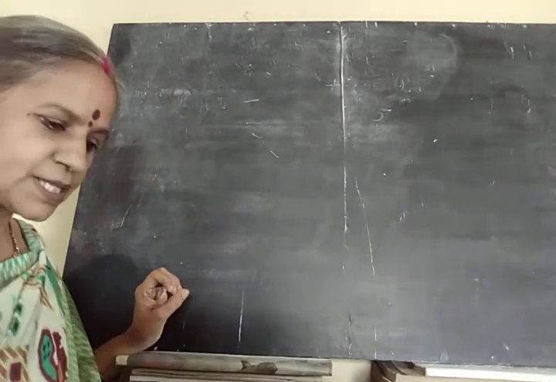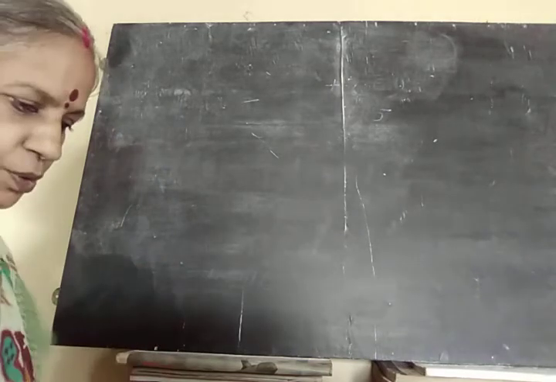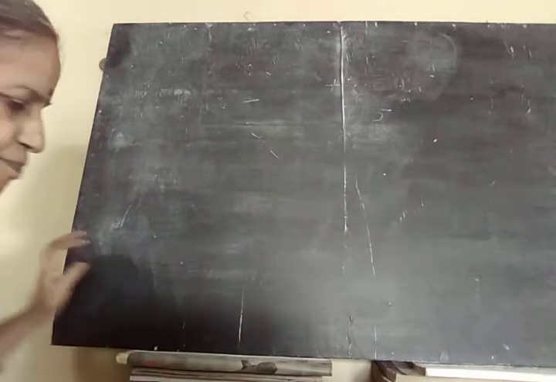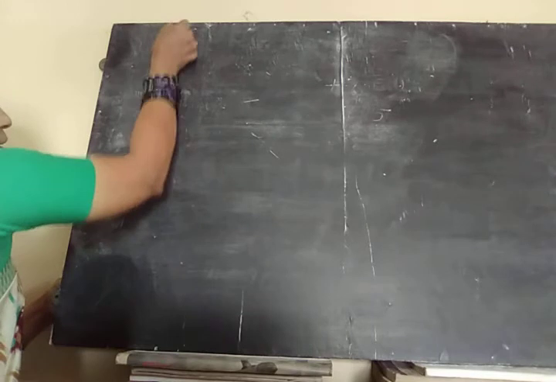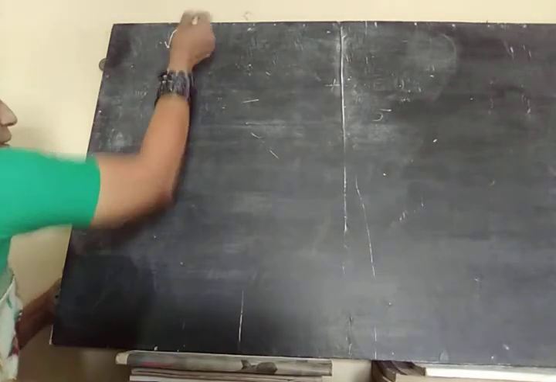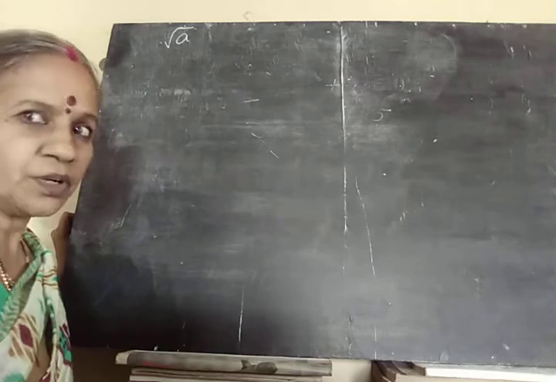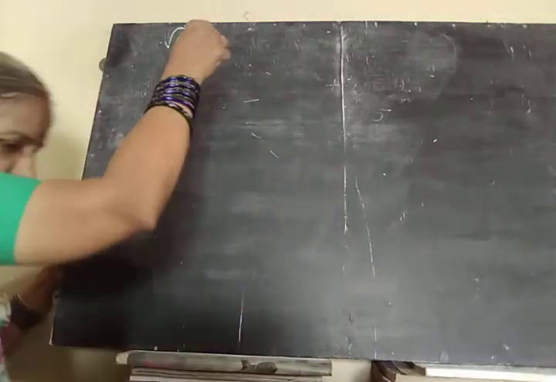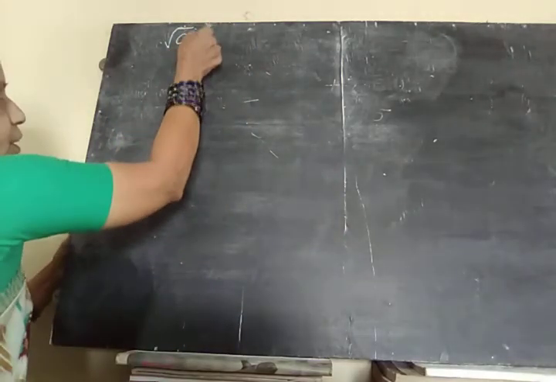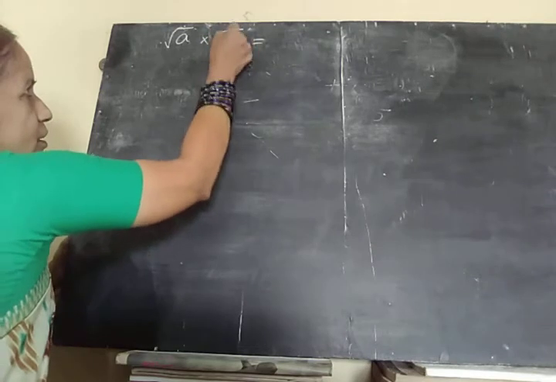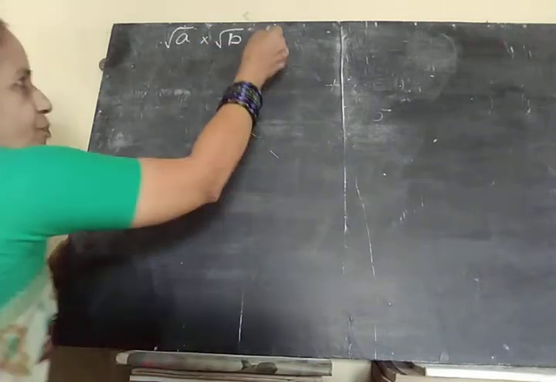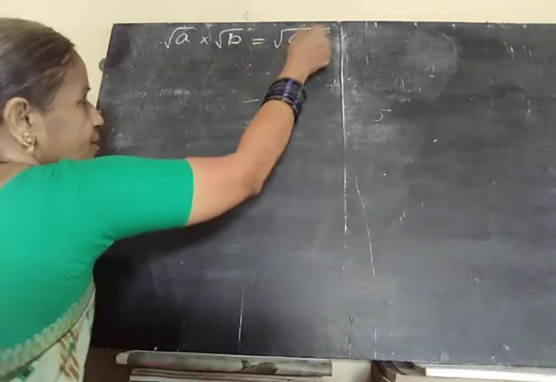Now some properties related to square roots. See, root A. Here A and B are positive real numbers. Root A into root B, the product is root of AB.